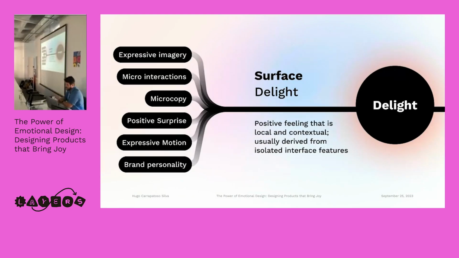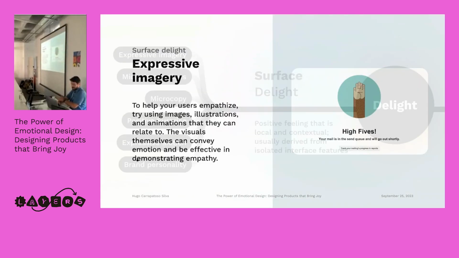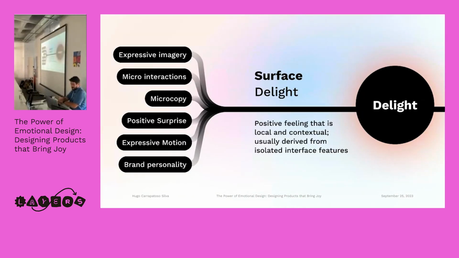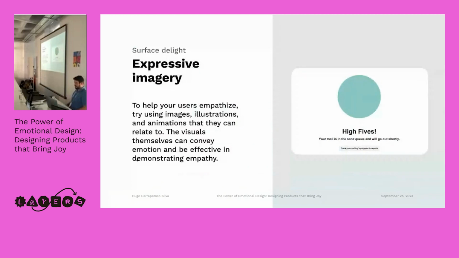And you have some examples of surface delights. So we have examples like expressive imagery, micro interactions, microcopy, positive surprise, expressive motion, and brand personality. Let's start by giving some examples of surface delight. So this is an example from MailChimp. This happens when you finish the configuration for the newsletter and the high-five illustration appears, right?